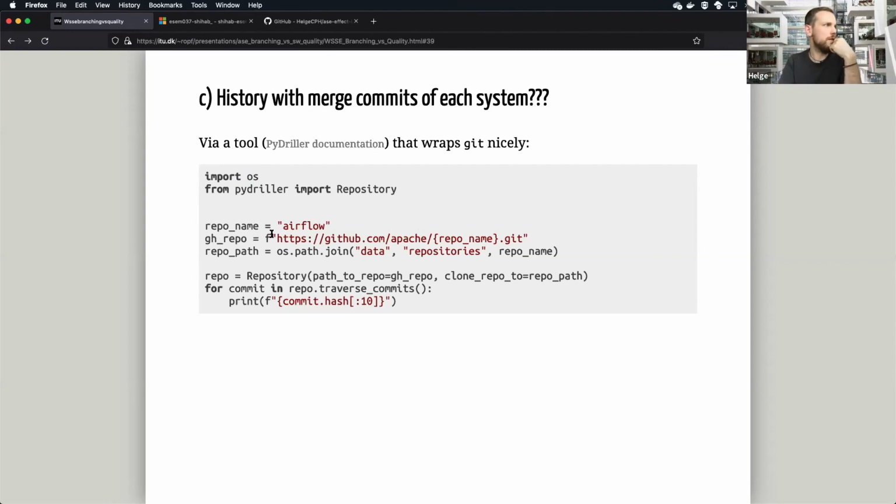There you could say, I have this Apache project, in that case Airflow, and PyDriller, please clone that for me. This class does that implicitly. It clones the project, and then you can traverse all commits. For example, here it shows how to print out all commit hashes in the history. So this is a code block that you might want to reuse.